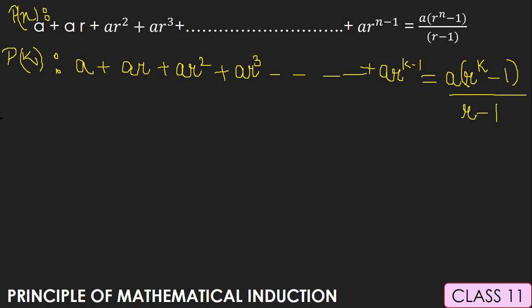So you need to check if it is true. Third step, you remember? You need to check if it is true for n is equal to k plus 1.